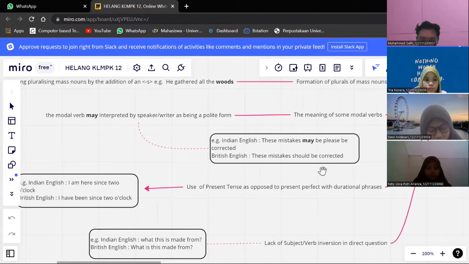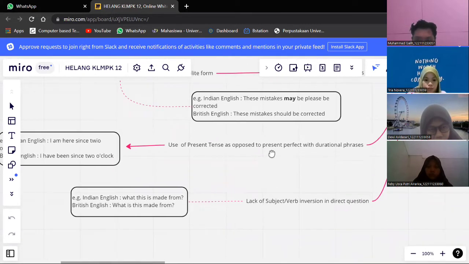The modal verb may is interpreted by the speaker or writer as a polite form. But in British English, this mistake should be corrected. In British English, the modal does not change form, but in Indian English the form of the modal is different from British English. So in Indian English, the modal verb is changed.